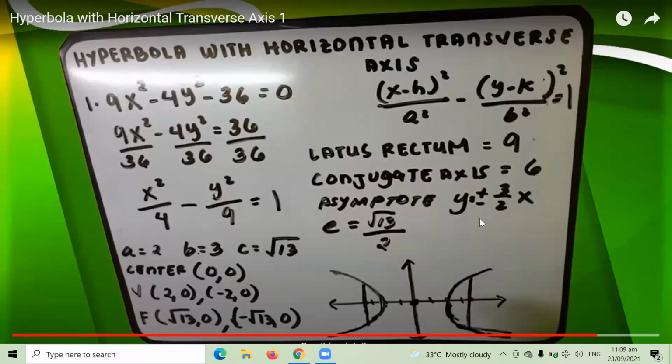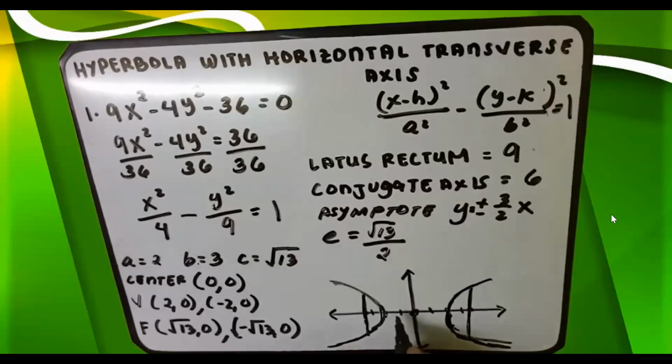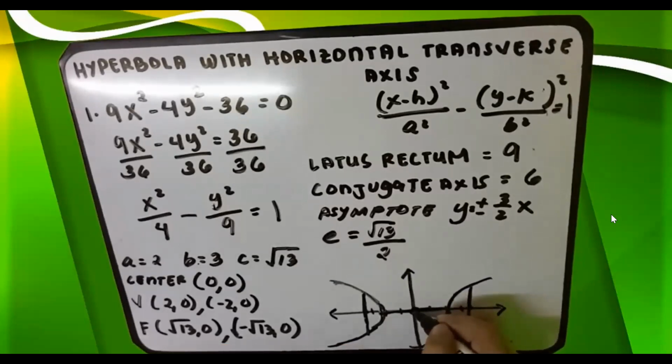Conjugate axis, so 6. Pero ang center ay nasa 0. So kung perpendicular siya dito sa transverse axis, horizontal transverse axis, center niya ay 0. So magmo-move tayo ng 1, 2, 3 at negative 1, negative 2, negative 3.